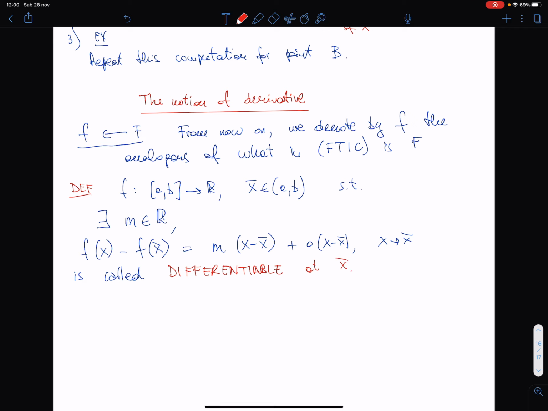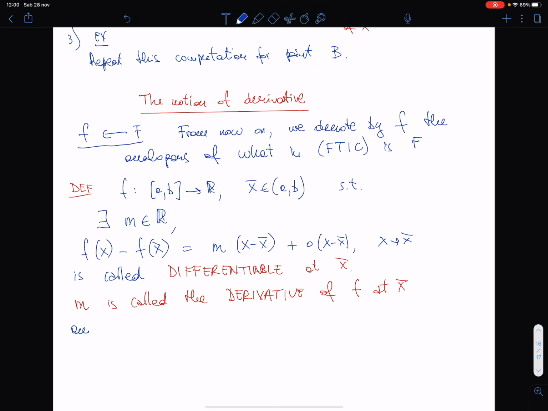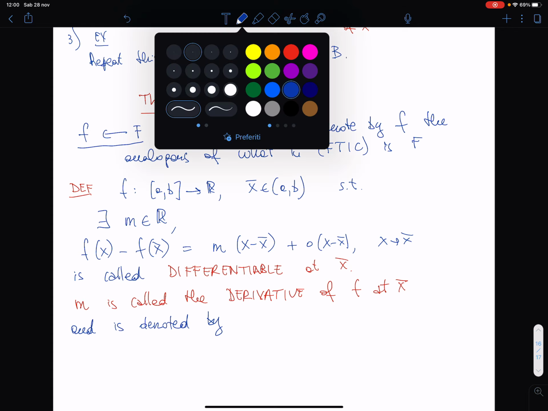And the number m is called the derivative of the function f at the point x bar, and is denoted by several symbols.